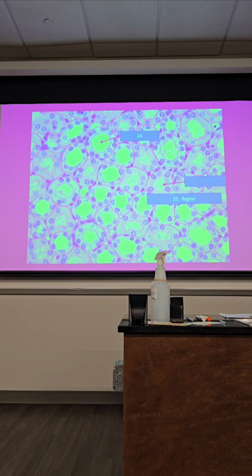Okay, so here you have another chance. If I ask you to name the region, what region would this be? That's the medulla, because you see a whole bunch of tubules.